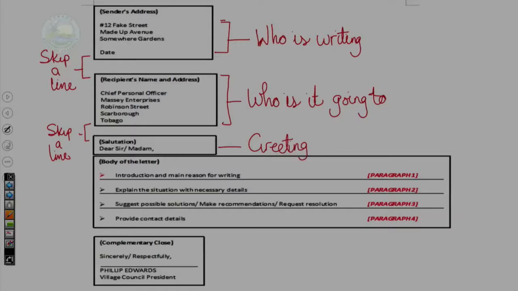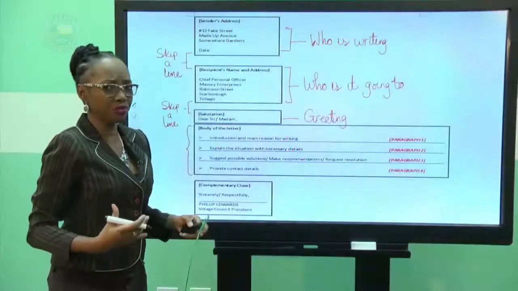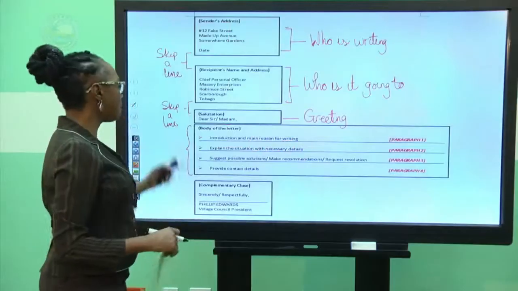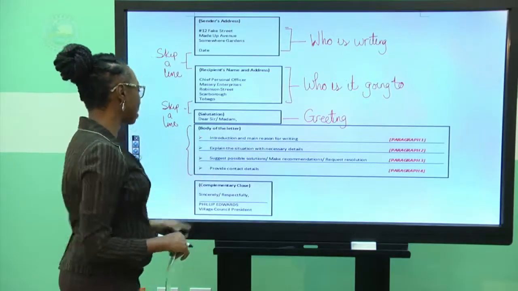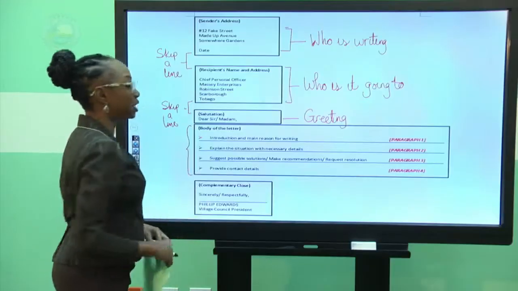You want to make sure you have those bits of information, and then you have the body of your essay. Make sure that the body of the essay, again, we want it to be meaty, so that you have at least 3 or 4 paragraphs before you get to your complimentary close.